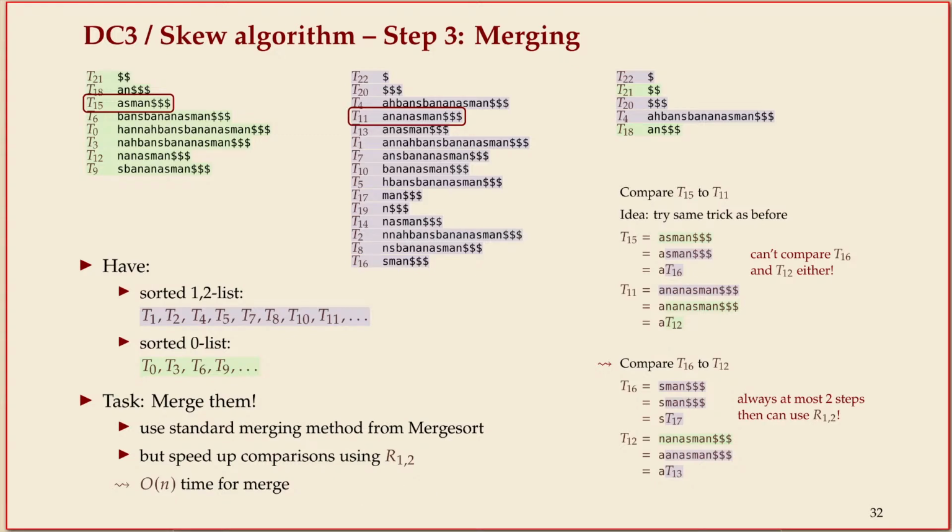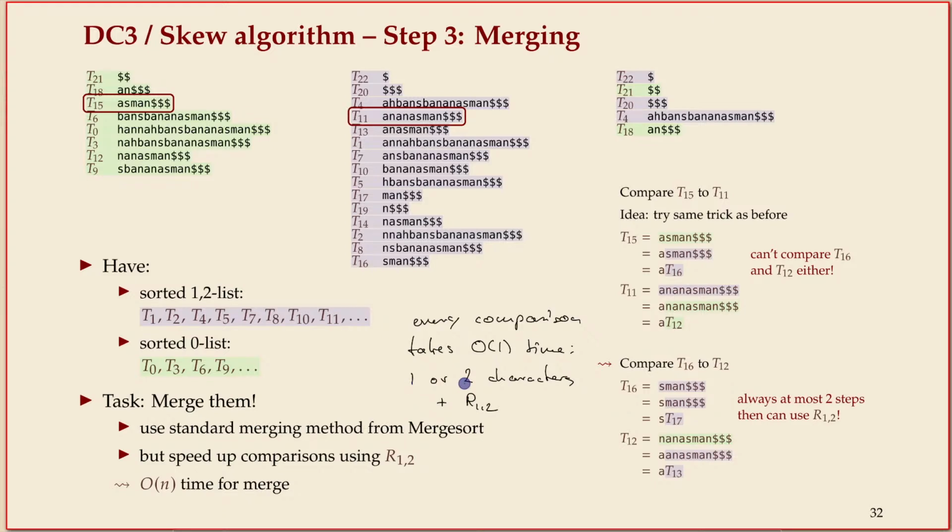So maybe let me spell that out. By checking whether your starting index of the 1 is modulo 3 a 1 or a 2, you can determine whether you have to check 1 or 2 characters.